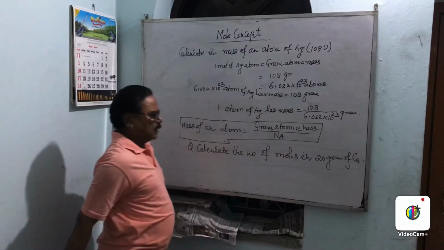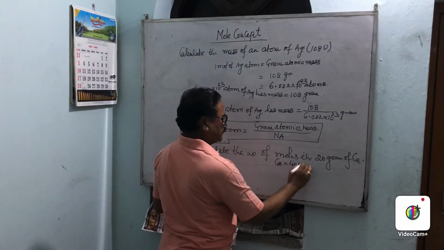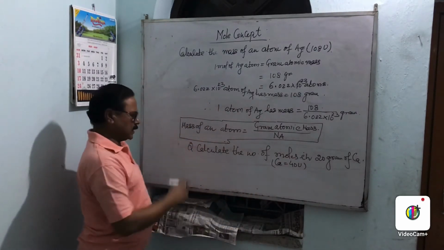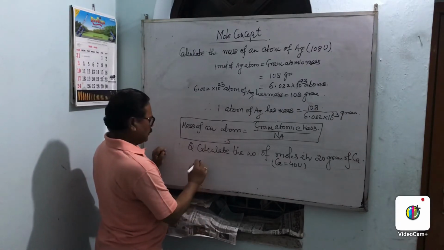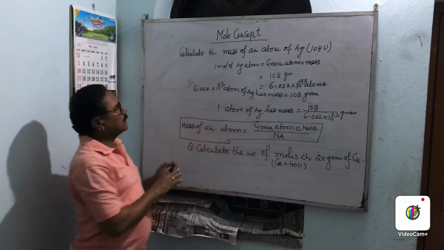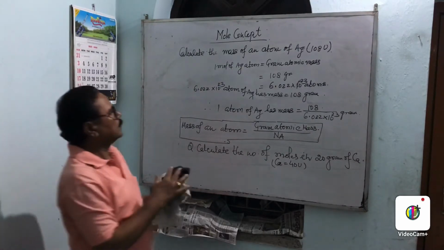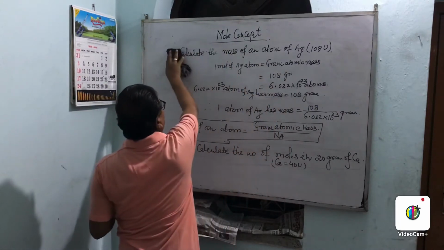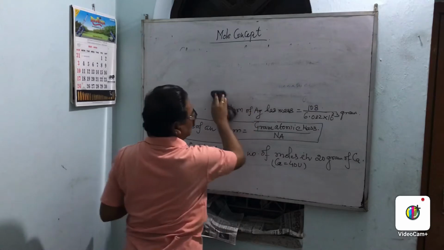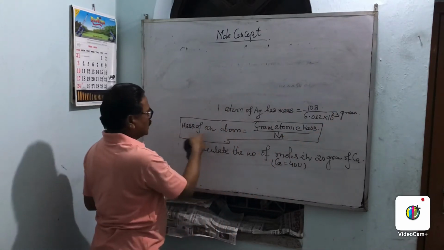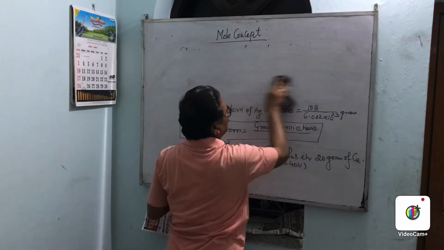The atomic mass of calcium is 40 u, that is, 40 gram. So how will we calculate it? One formula has been deduced: mass of an atom is equal to gram atomic mass divided by Avogadro number.